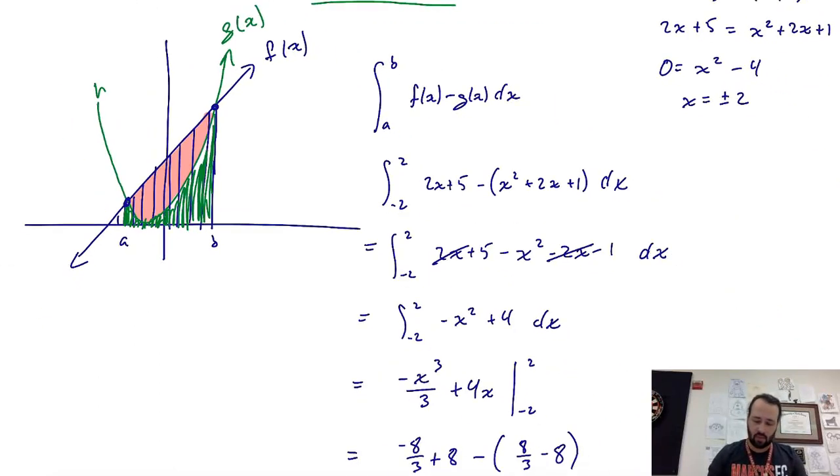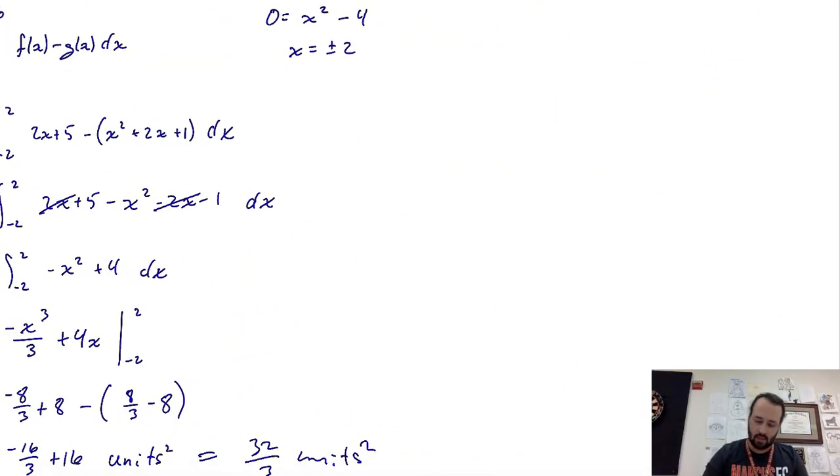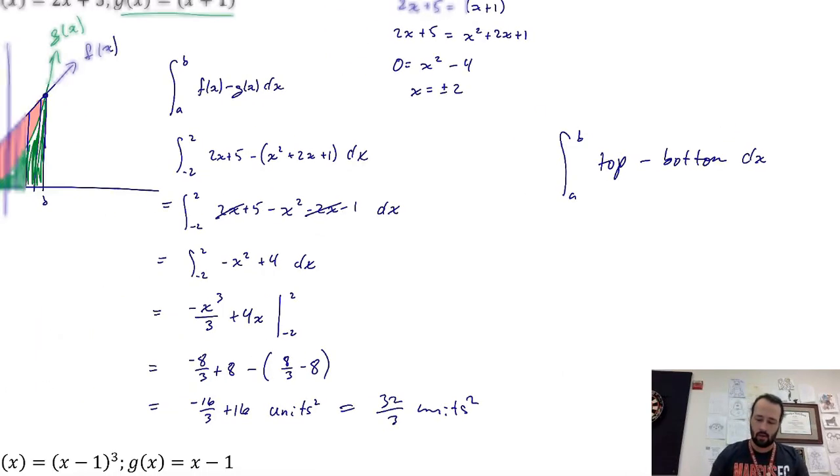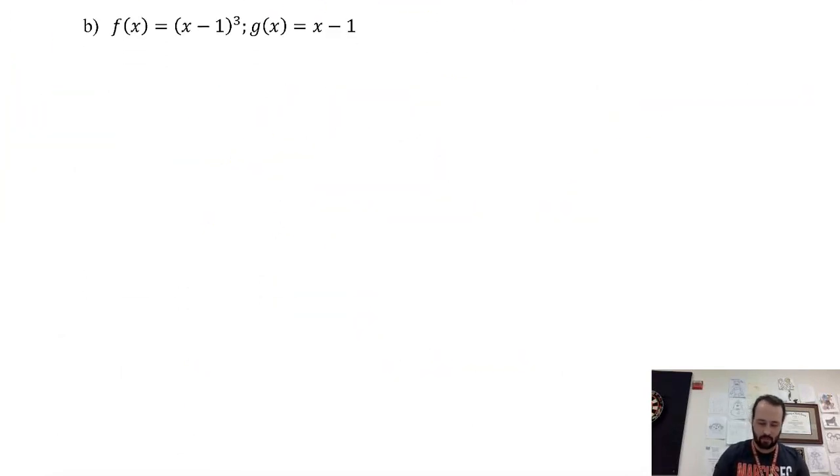So a lot of places and a lot of resources that you will see will do the integral from a to b of the top function minus the bottom function, whatever your terms are, right? That's a rule that you can use to help yourself with these things as well. Yeah, okay, let's do another one.